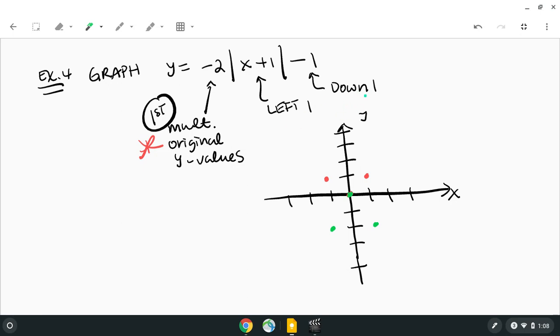My left one, down one. I'm going to do that with these, and I'll be done. So I'm going to use black for my final graph. All of these are going to go left one, down one. Starting with this one, left one, down one.